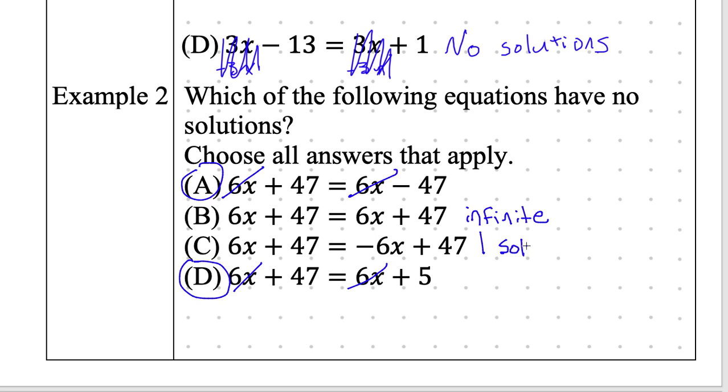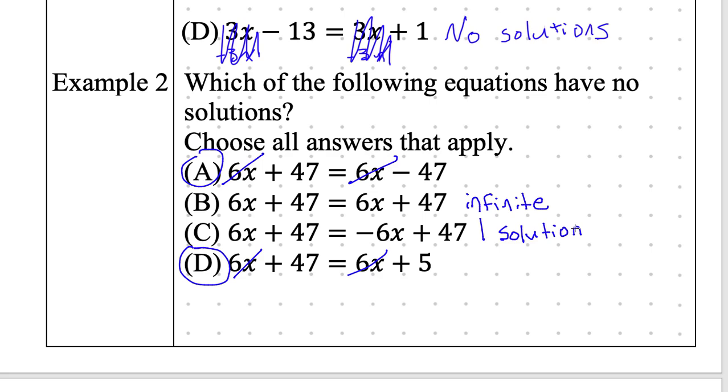Because if you add 6x to both sides, it equals 12x plus 47 equals 47, and if you subtract, you're just gonna get 6x equals 0. Yeah, there you go. If you just have a variable on one side and no variable on the right-hand side, it's one solution.